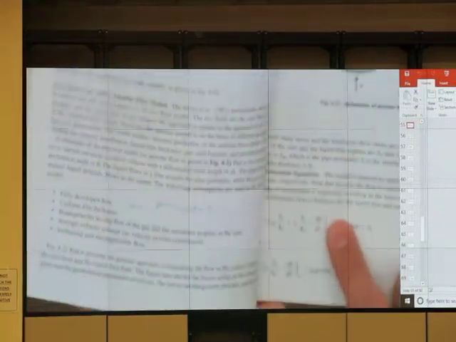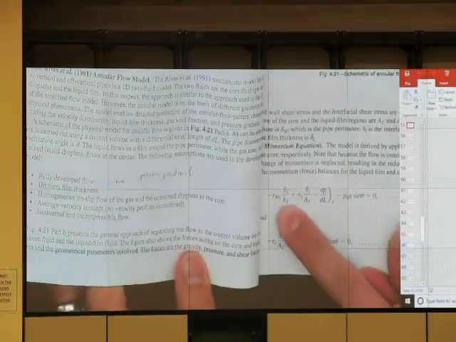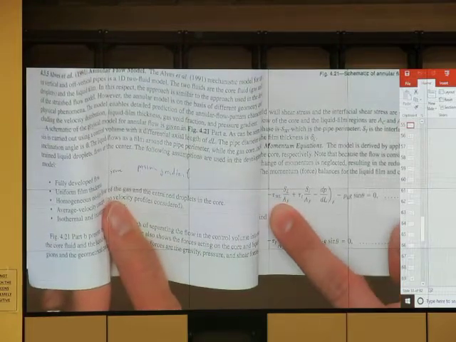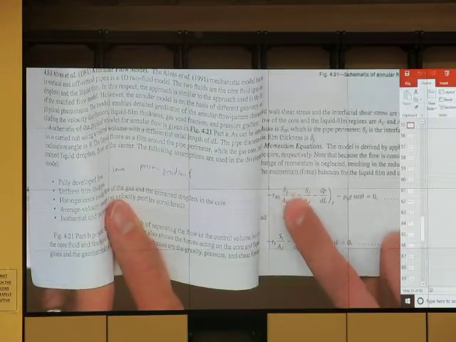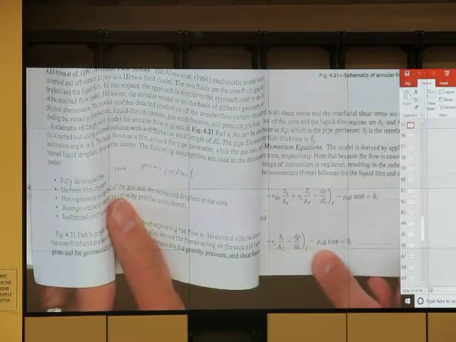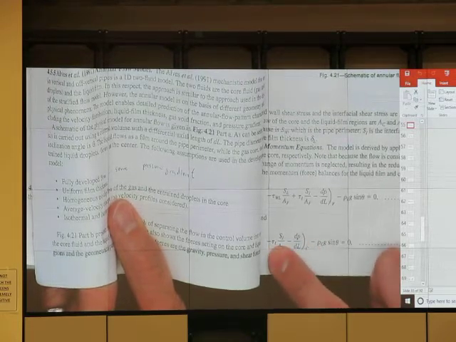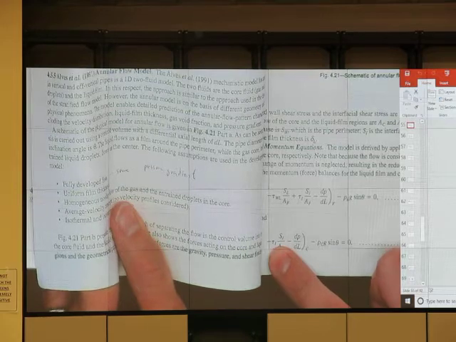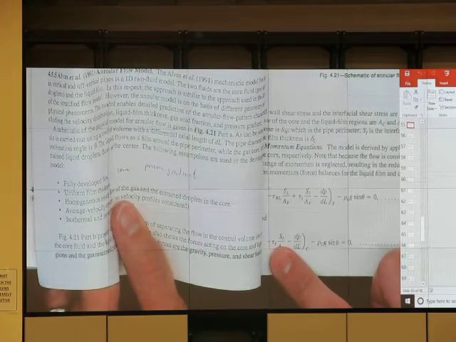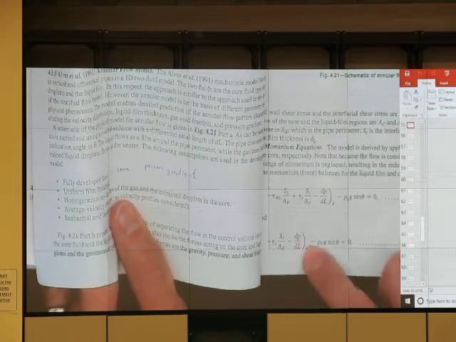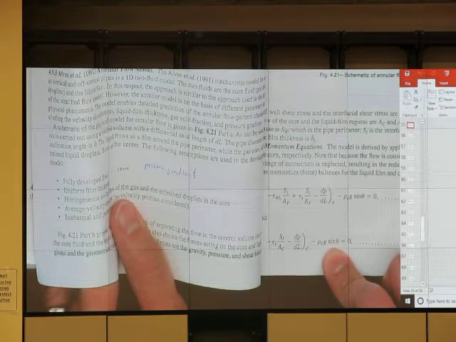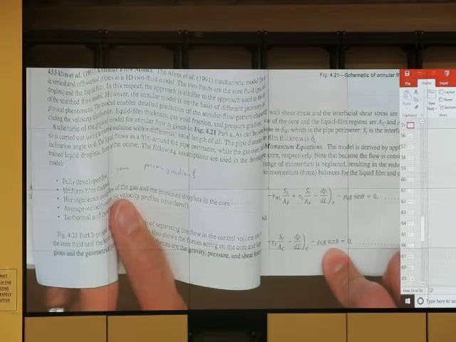What if you add those two together? Tau WL SL plus, okay, the bottom one, where's the tau G? There's no tau G. Is there any tau G? No tau G. Because gas doesn't touch the wall, there's no tau WG.